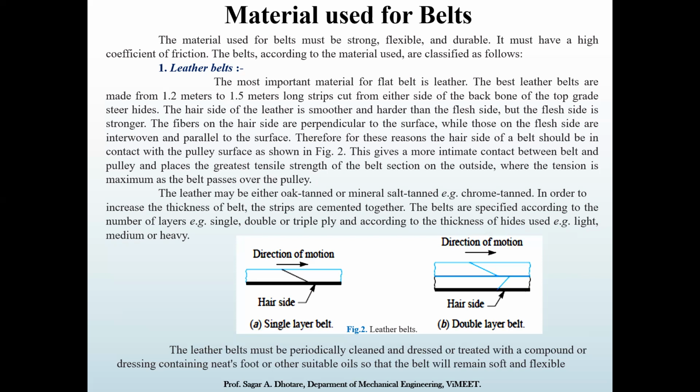Therefore, the hair side of the belt should be in contact with the pulley surface, which is shown in figure number 2. This gives more intimate contact between the belt and pulley and places the greatest tensile strength of the belt section on the outside, where the tension is maximum as the belt passes over the pulley.